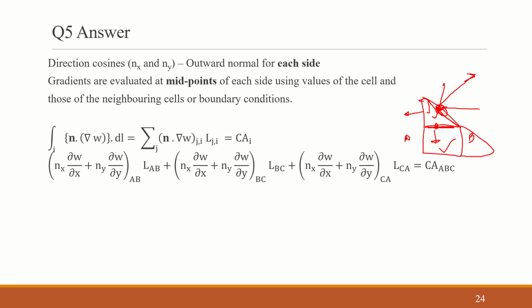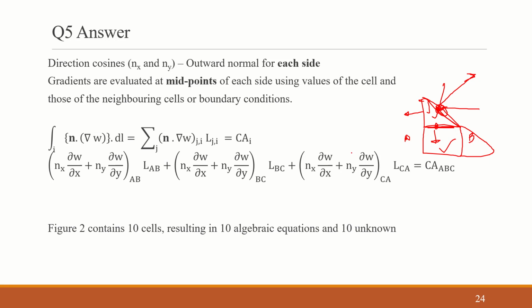This is how we use the finite volume method. Based on this, for each cell we will have one equation, and the number of unknowns will be equal to the number of equations, and we will solve them simultaneously. That is how we do it.